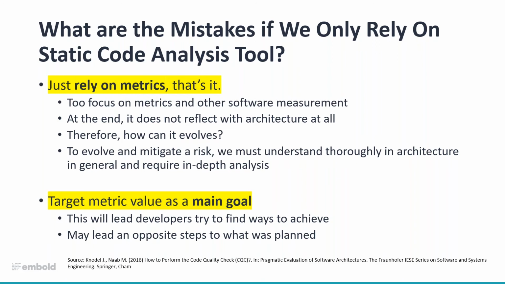The developers do a hack, a shortcut way, to improve the metric value. At the end, the code the developer fixed really doesn't meet the requirement of the architecture. The code base doesn't reflect the architecture at all. So that's the current mistake we actually make with static code analysis tools.